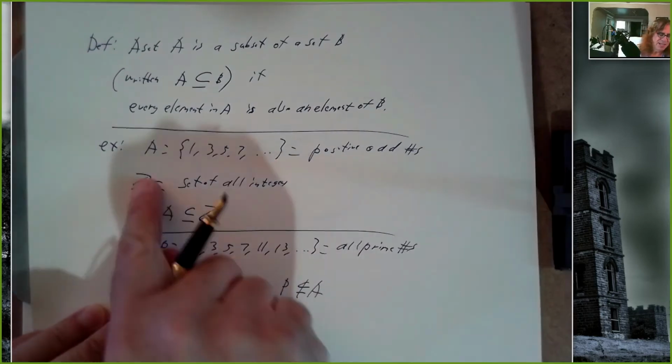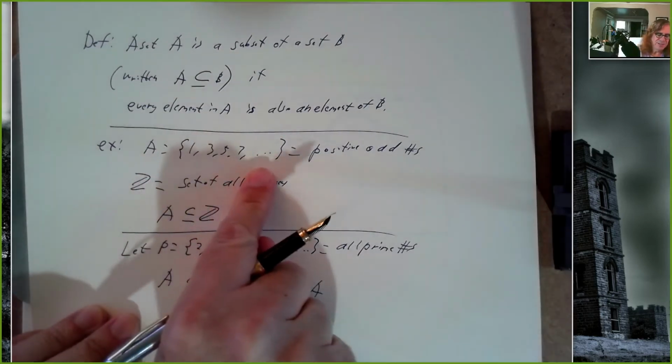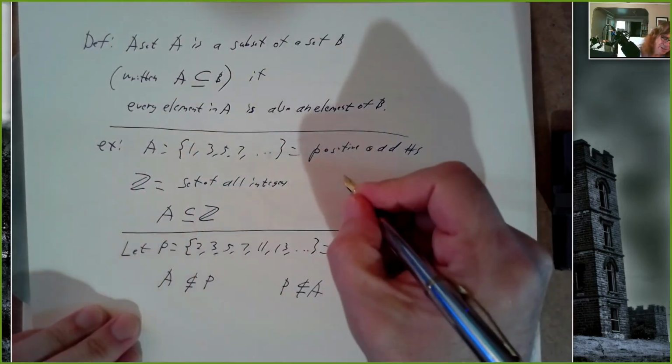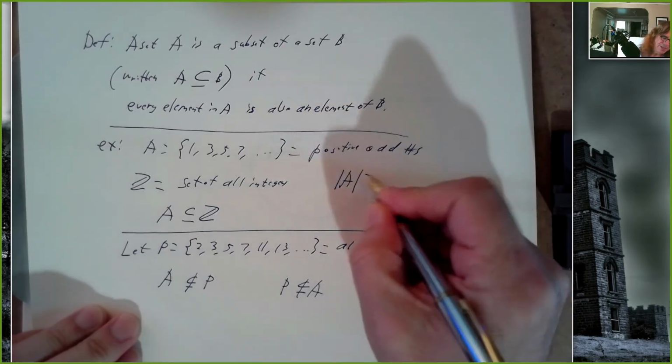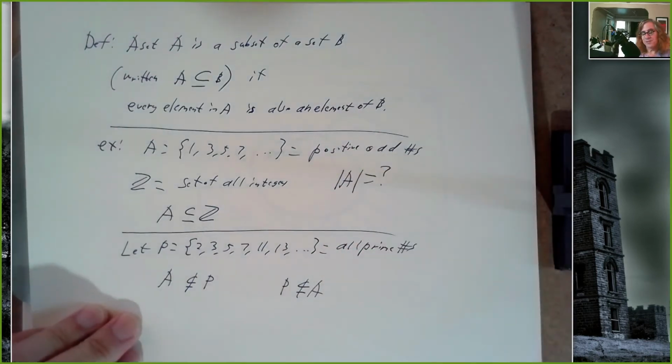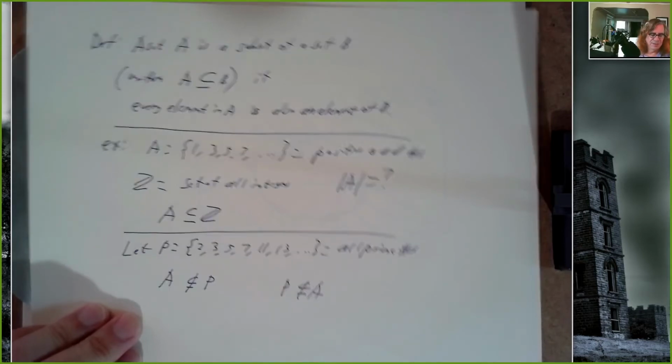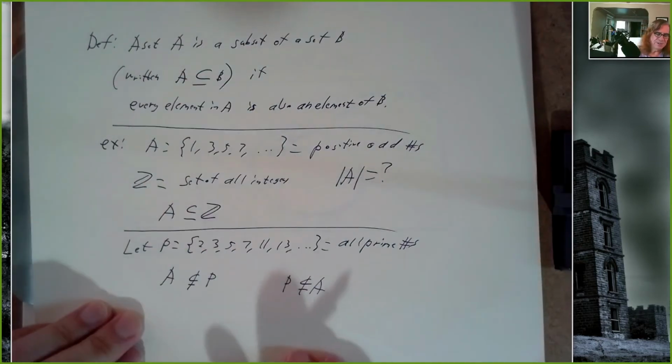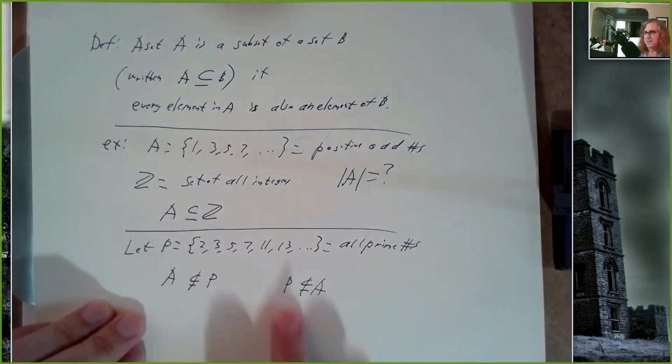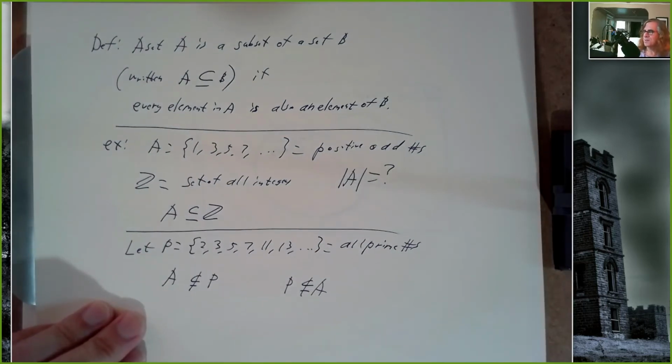If my set A is the set of all positive odd numbers, and I say, what's the cardinality of A? We don't have an answer for that yet. We will later. But it's not a finite set, so the cardinality is not the number of things in the set, because there is no number that represents how many things are in this set.